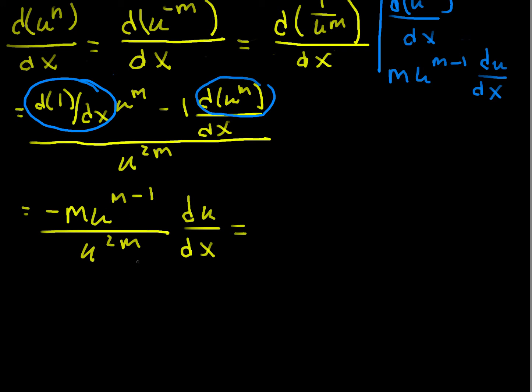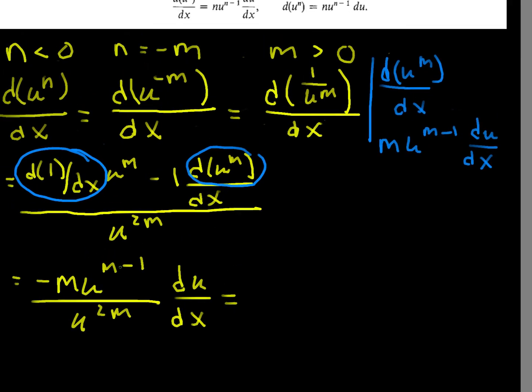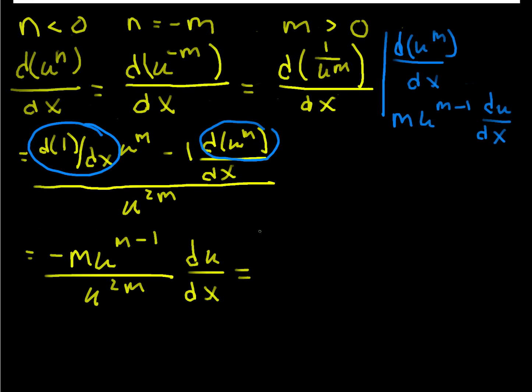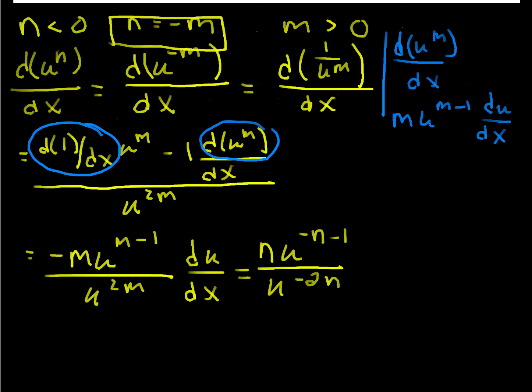And now I'm going to replace the m's back with the n's. So remember, n is equal to minus m up here, right? So this I can rewrite as n times u to the minus n minus 1 all over u to the minus 2n, du dx.